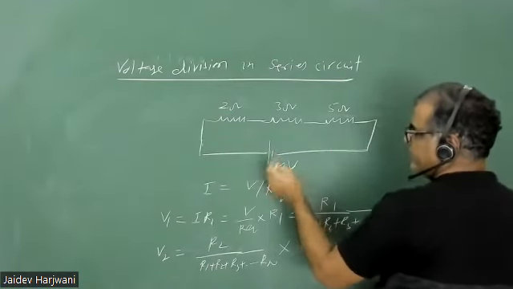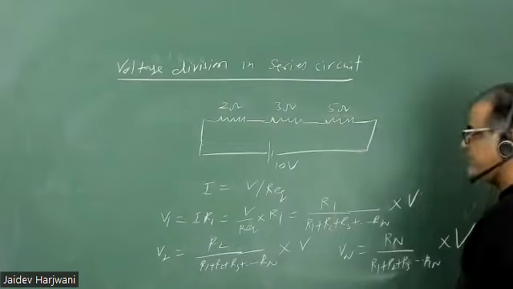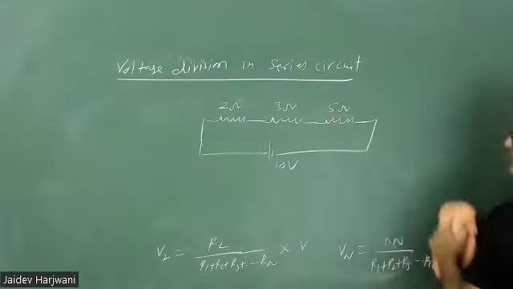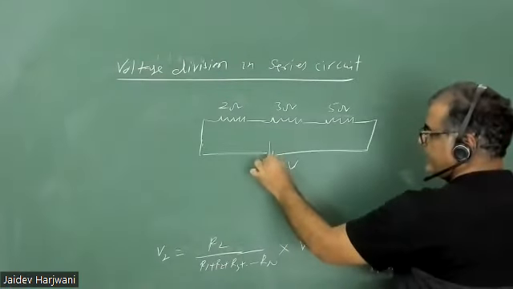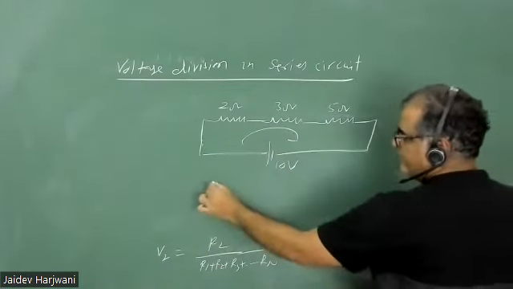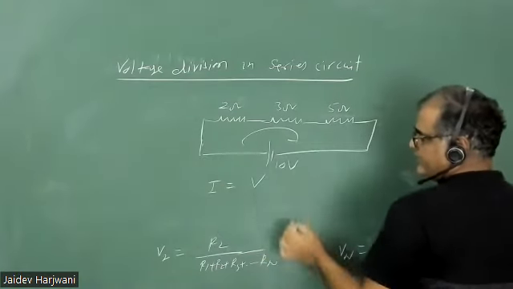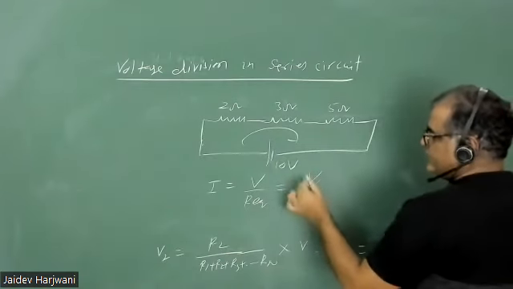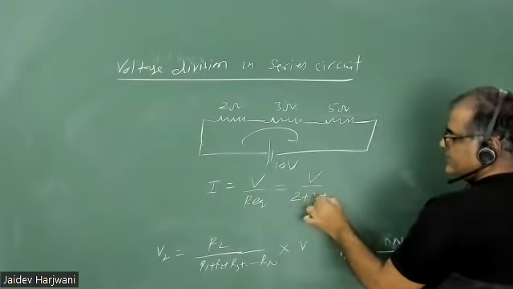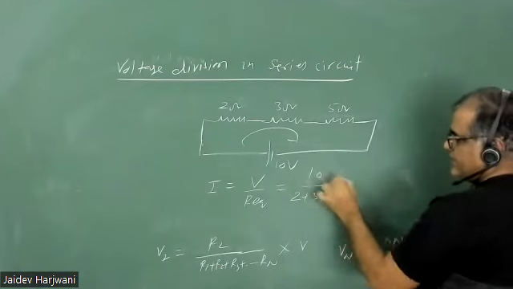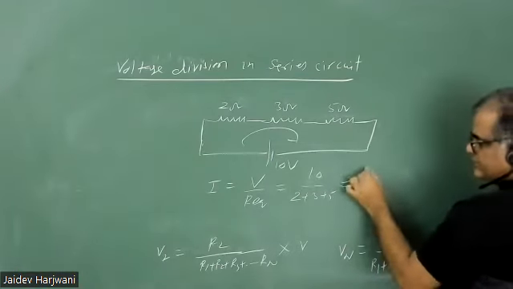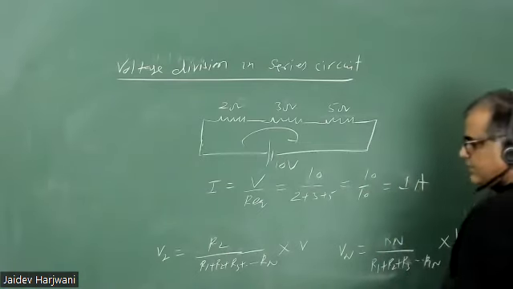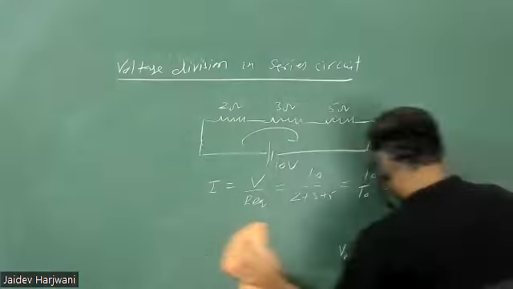Now this 10 volt will be divided across these resistances according to their magnitude. If I find the current in the circuit, current will be total V over total R, or R equivalent. R equivalent is 2 plus 3 plus 5, and the value of V is 10, so the current value is 1 ampere.